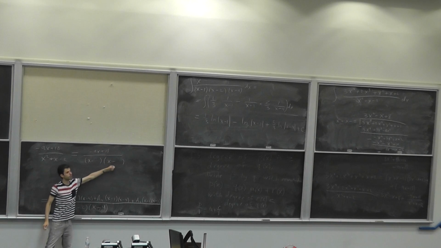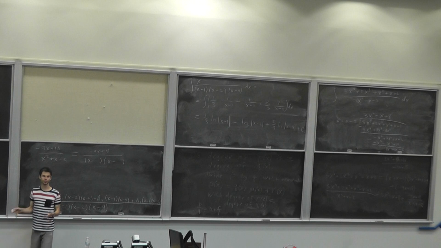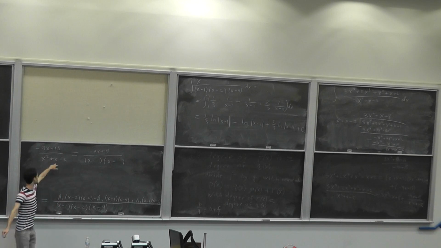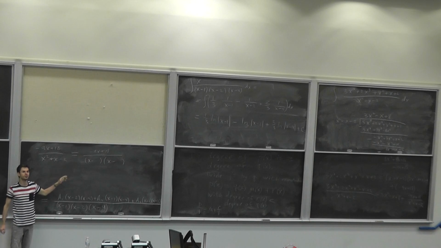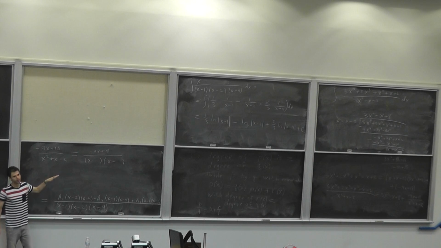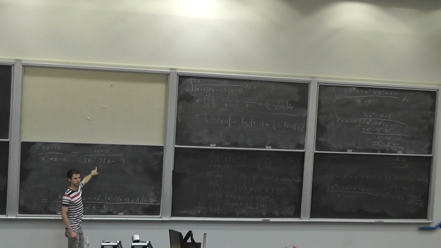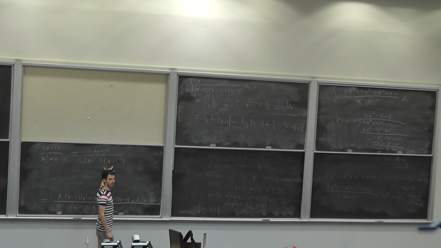It can be written as x minus something times x minus something. So these numbers can be found either by solving the quadratic equation x squared plus x minus 2 equal to 0 using the quadratic formula, or in this particular case, they're easy to guess. The product should be minus 2, the sum should be 1. So what are these numbers?